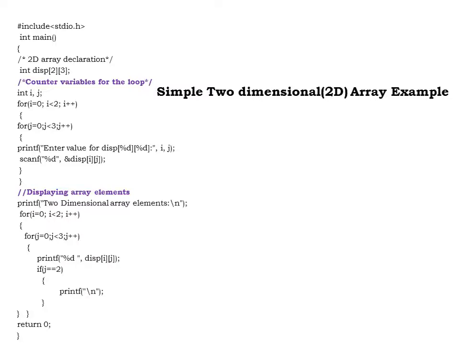So 2 is less than 2, the condition gets false, and we come out of the loop. And this is how we print the array elements that are stored inside the two-dimensional array that we have declared.